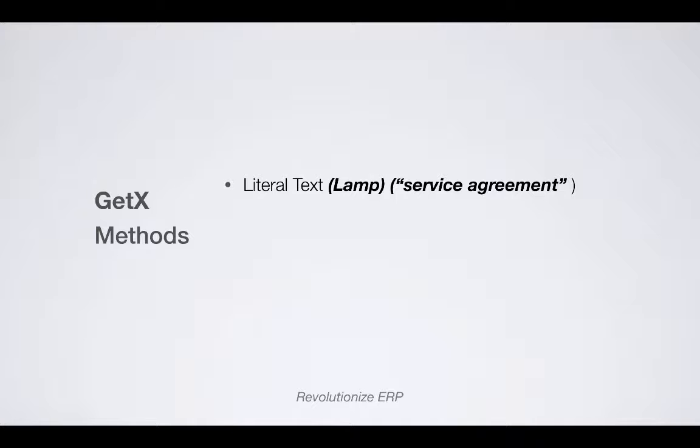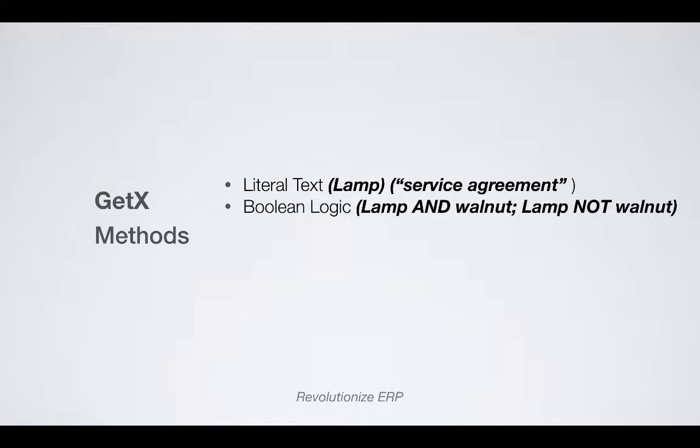Service agreement might be another thing I'm looking for. So I want to look everywhere in my system where maybe it's a memo, a comment, or an extended inventory item description where the phrase service agreement resides, and find all of the results for that. But it doesn't just have to be literal text or a literal phrase.